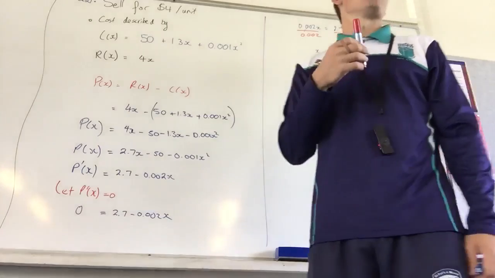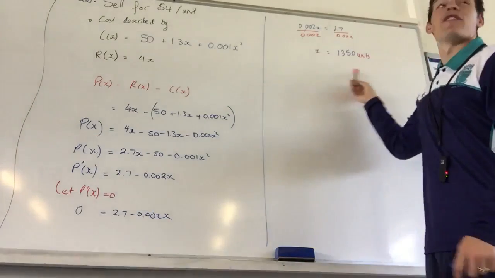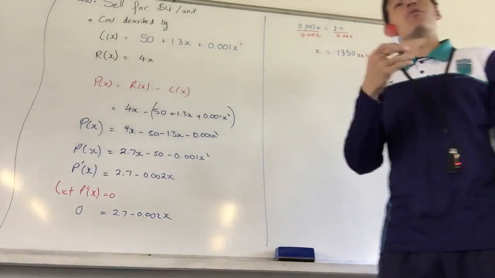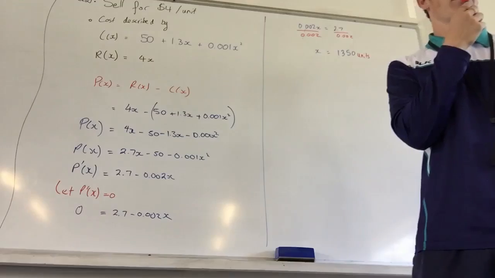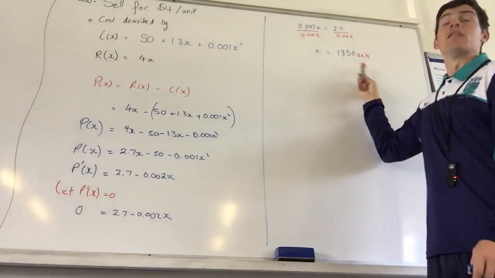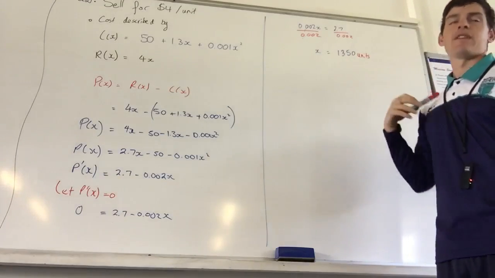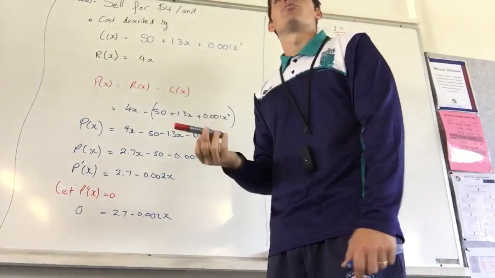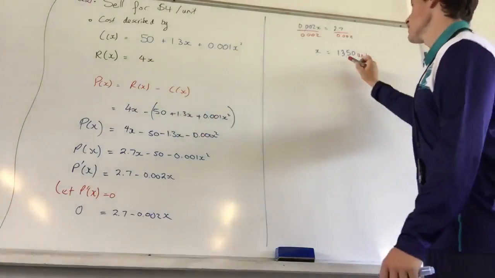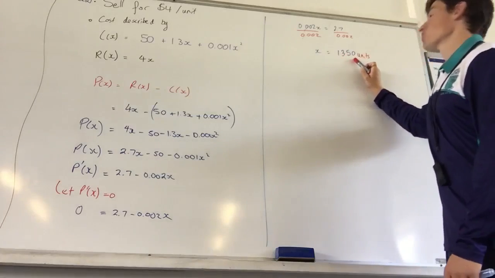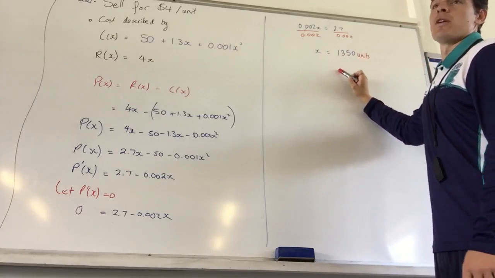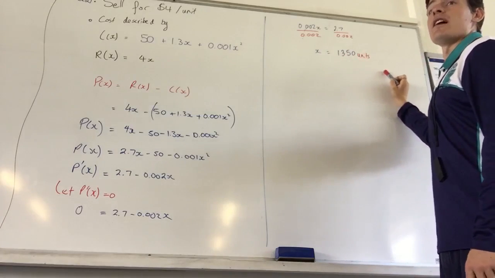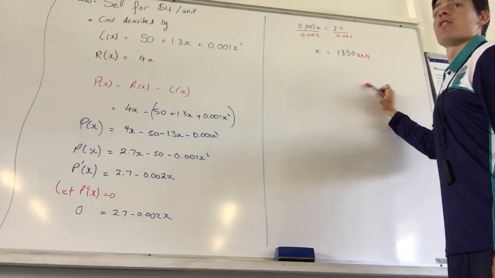For the rest of us, I suggest that if you get to a decimal value of a whole unit, you round it up or down depending on which one you're closest to. I'd write my answer, and that would show that you understood the problem. So if I had, say, 1,349.7, I would say x equals 1,350, as you cannot create 0.7 of a unit.